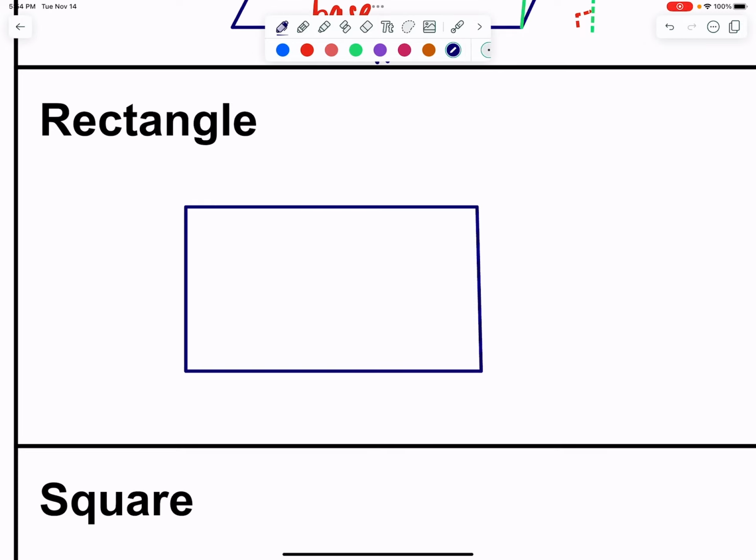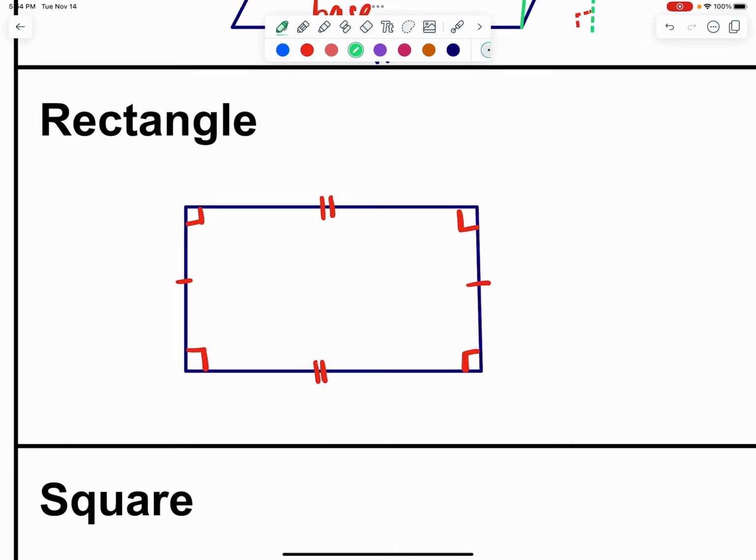Remember, for a rectangle, we have two pair of opposite congruent sides. So the short pieces are equal and the long pieces are equal. And all of the corners are 90 degrees.